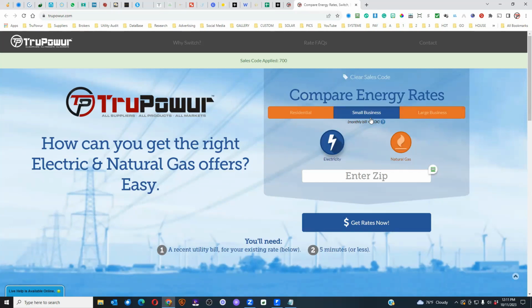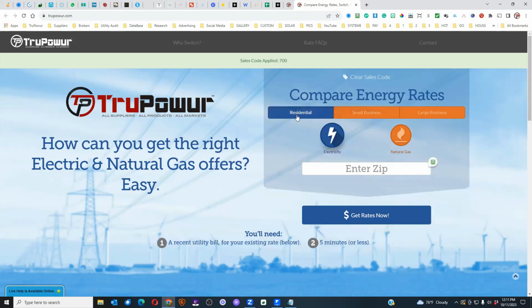Now, there are some limitations. Obviously, on the back office, you have a lot more control over the scenario. So anytime you have the customer's information, it's much better to do it through the back office. So residential, you have electric by default, and we have natural gas.